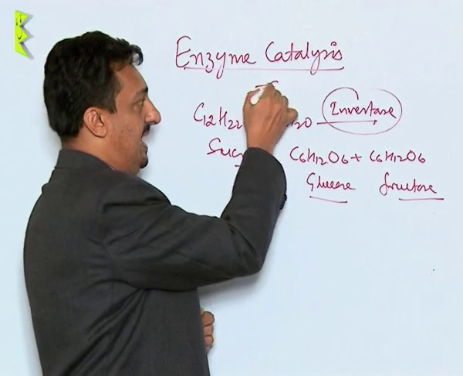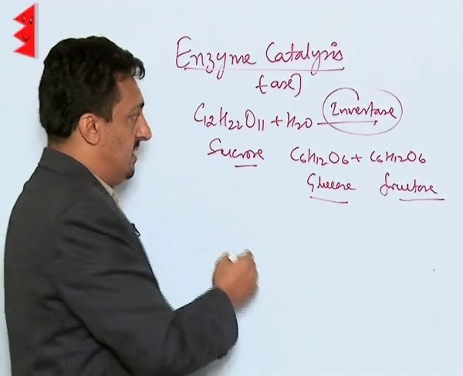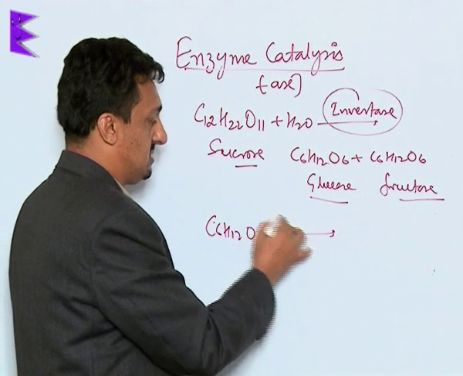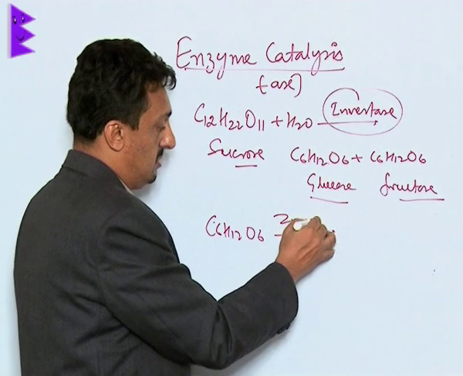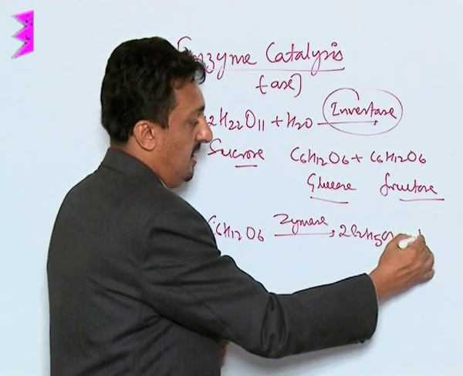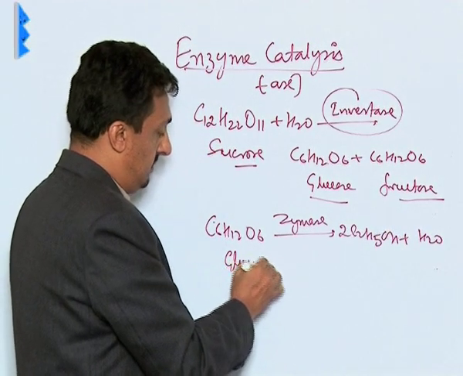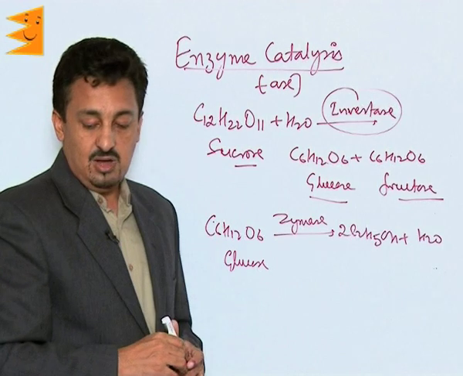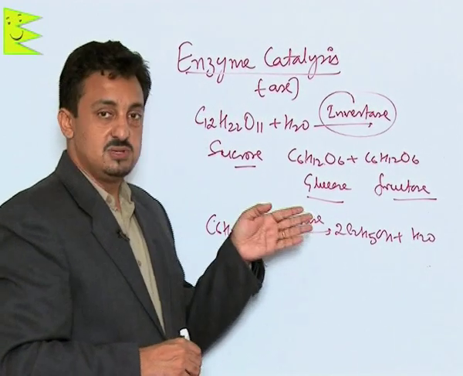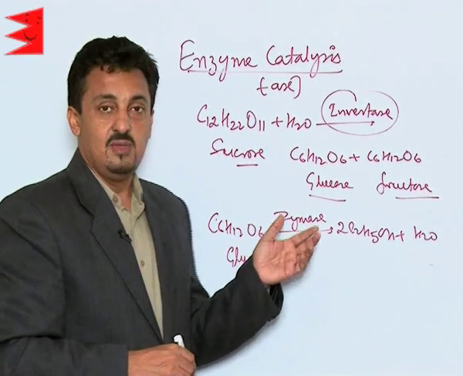Remember, we put "ase" as a suffix to the names of enzymes. Now this glucose, C6H12O6, is converted into alcohol, 2 molecules of ethanol, by an enzyme called zymase. So invertase converts sucrose to glucose and fructose, and zymase converts glucose into alcohol.